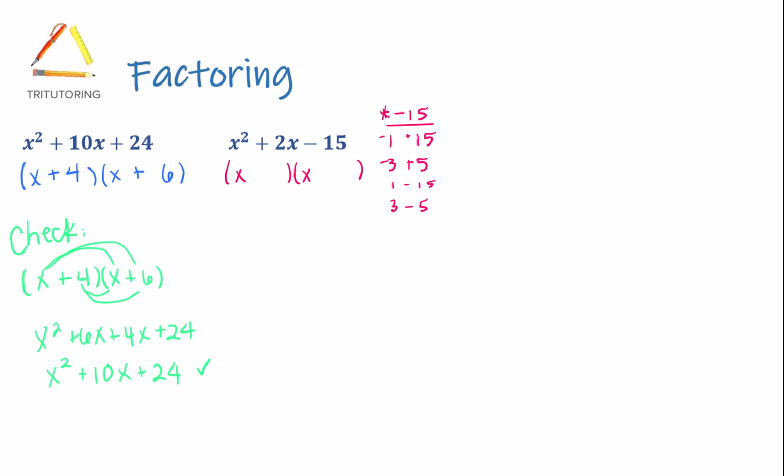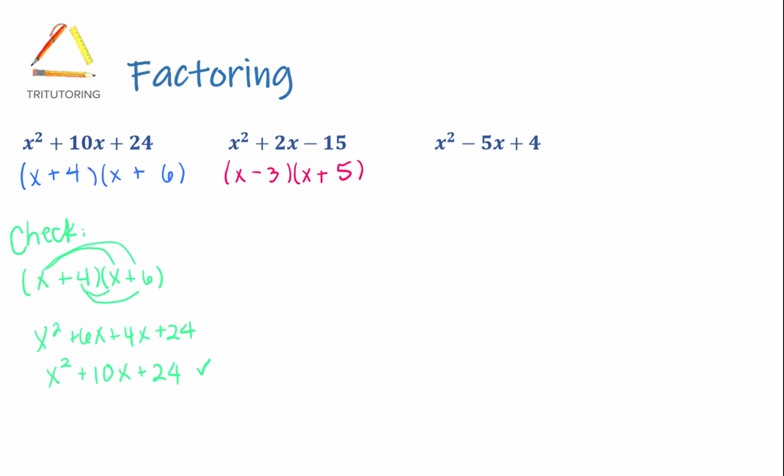So which of these combinations makes a positive 2? That's this negative 3, positive 5. Because I've already listed out those symbols, I already know which one's plus and minus, I have those factors totally filled in, and that's my final answer.